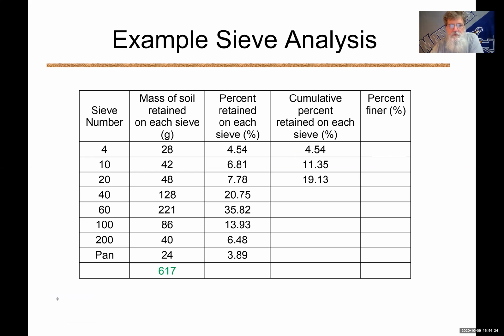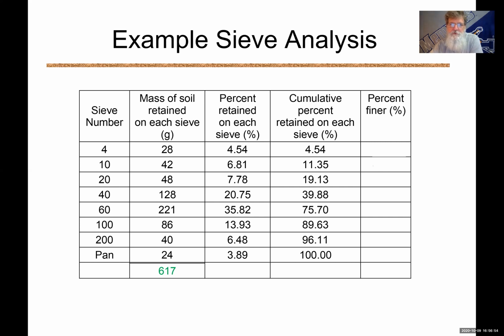And then the result, 19.13 plus 20.75, is 39.88. 39.88 plus 35.82 is 75.7. 75.7 plus 13.93 is 89.63. And you just keep this up. If you get 100 at the end, more than likely you've done the correct calculations.